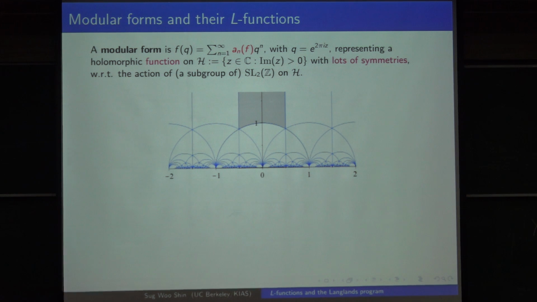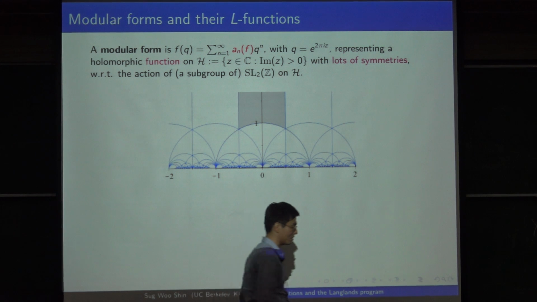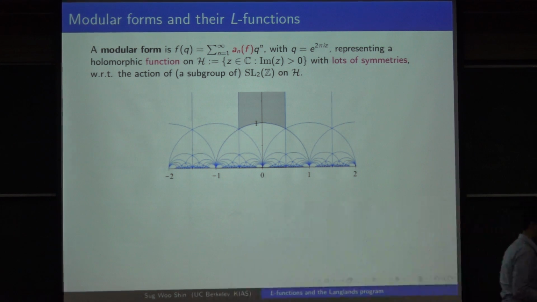The precise definition of a modular form is slightly complicated, but first of all, it's a holomorphic function defined on the complex upper half plane in the variable z with lots of symmetries. Instead of writing down the exact equation expressing the symmetry, it's enough to understand that it has lots of symmetries, kind of self-replicating in a way.